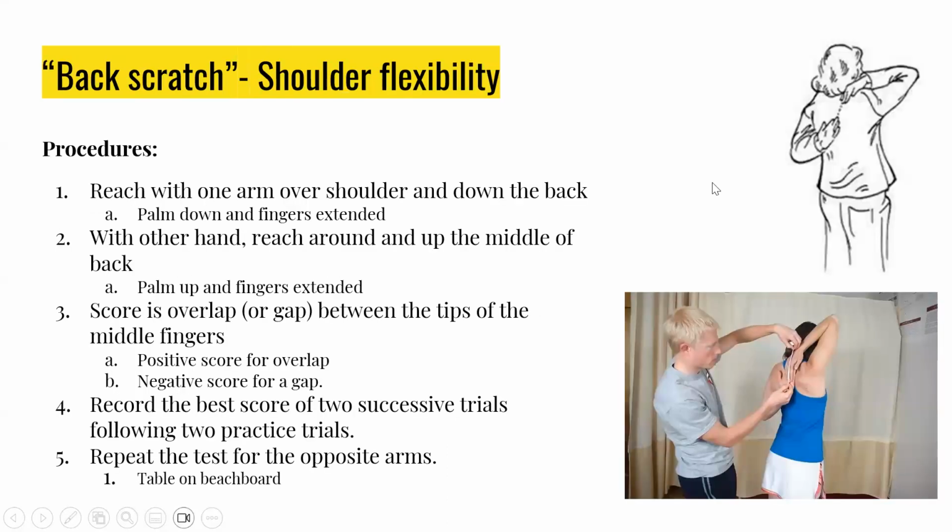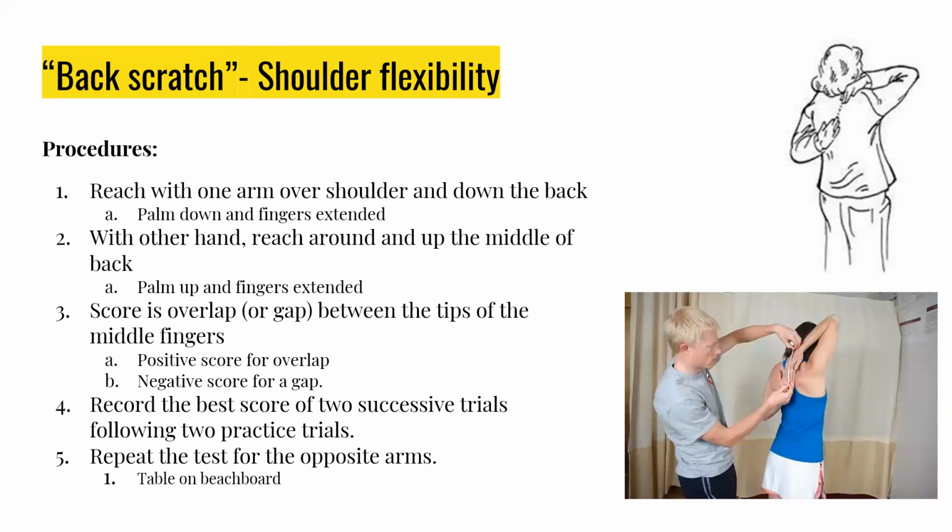The back scratch for shoulder flexibility, you're going to perform both sides, for left shoulder and right shoulder. In this example, this is going to be the right shoulder. You're going to be measuring the distance of overlap or gap between the fingers. So in this example here in the top right, you're going to measure this overlap or gap.